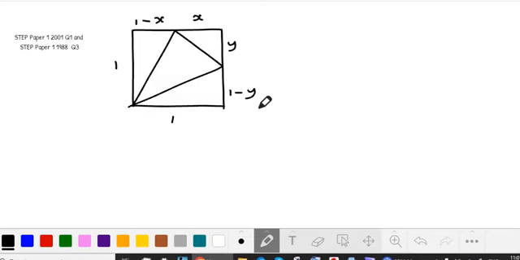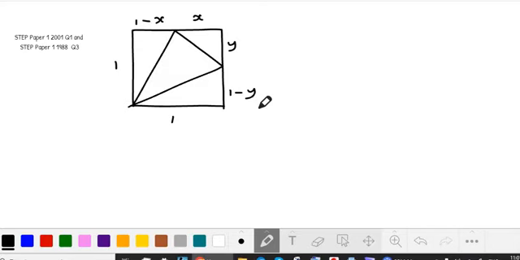Now we are required to prove that the length of at least one edge must be less than or equal to root 6 minus root 2. So I proceed by contradiction.